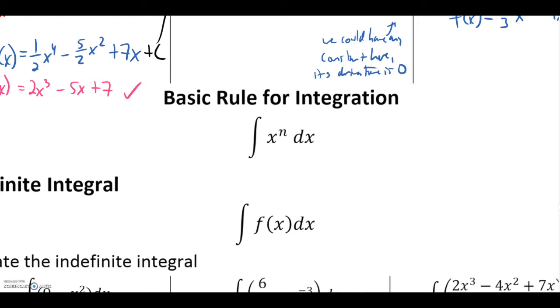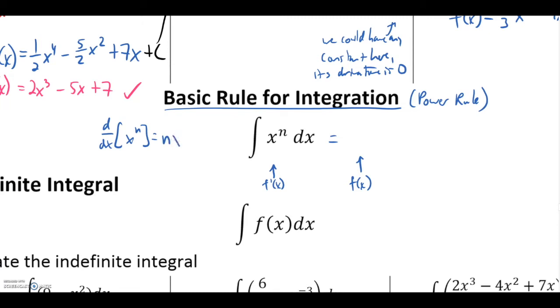And so what we're looking at is our first basic rule for integration. And it's really our power rule for integration. When we start with our derivative being a power of x, and we want to move to our original function, what we do is exactly the opposite of how we differentiated.